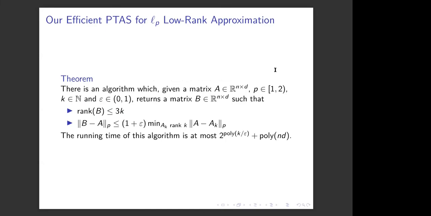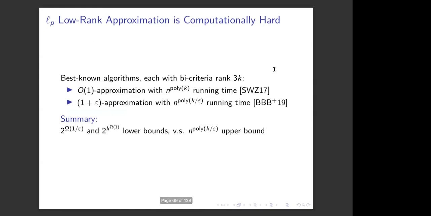Is it important that the bicriteria algorithm is 3k, and anything less than that is not possible, right? Actually, in this paper they give an algorithm which outputs a matrix of rank exactly k. But the issue with that algorithm is that it makes bit complexity assumptions.